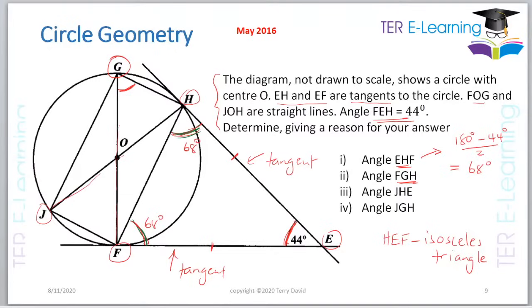I saw Tiffany saying 68 degrees. Can anybody say why? I feel Tiffany knows the reason though.